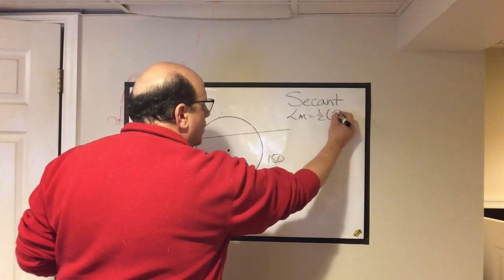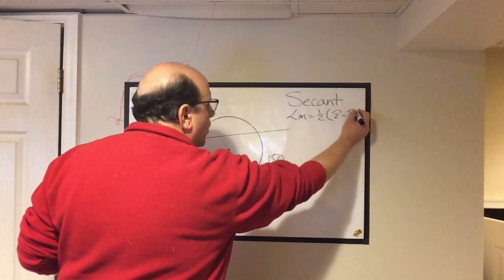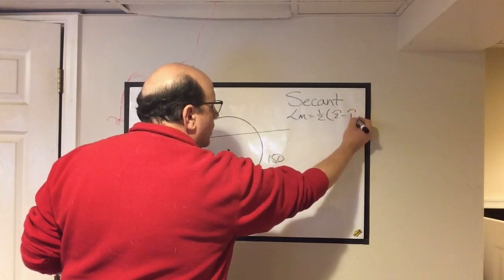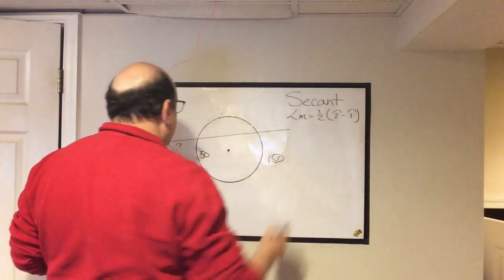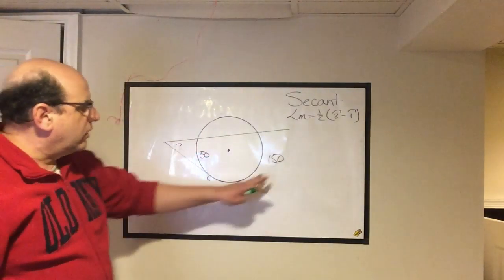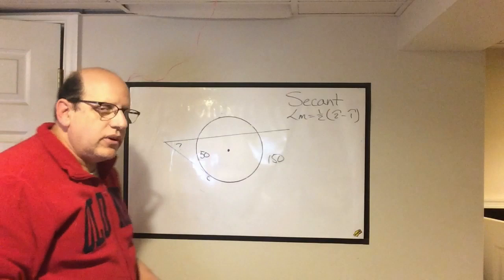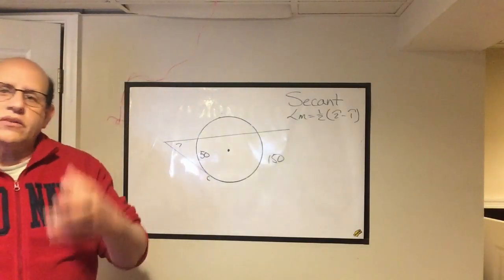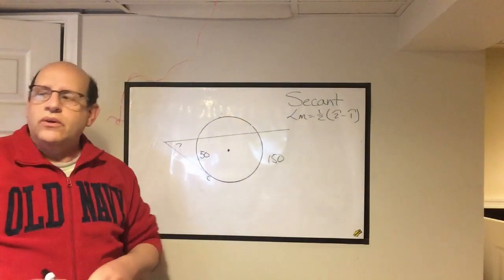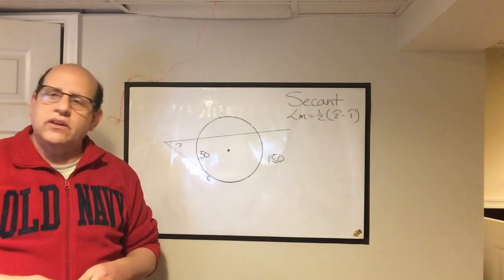I'll say arc 2 minus arc 1, right? All right, so we'll say arc 2 minus arc 1 is 100. Cut it in half and you have 50. Right? That's pretty much everything you're going to see on today's work.